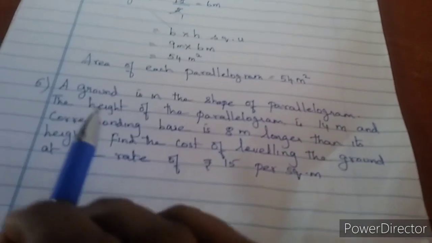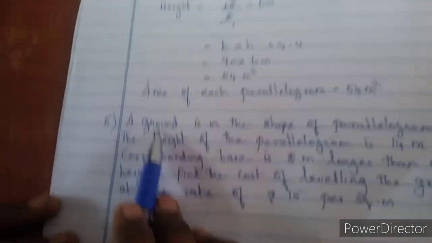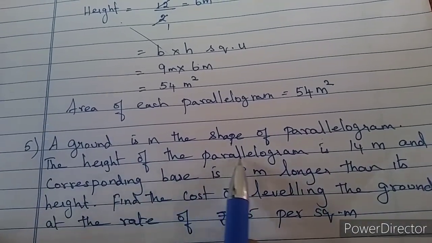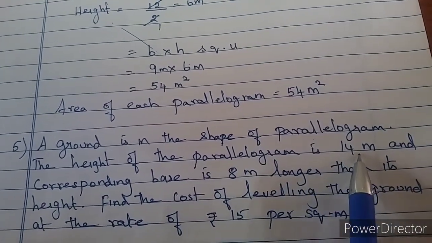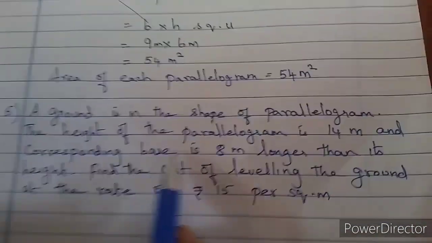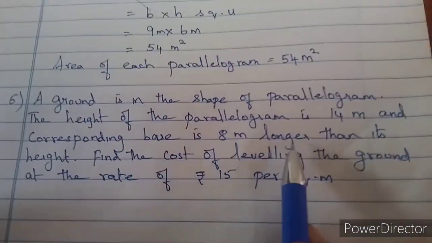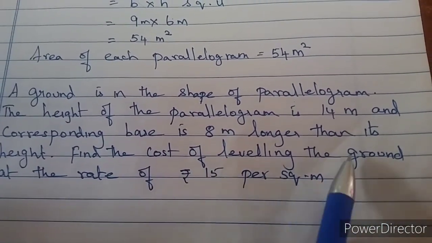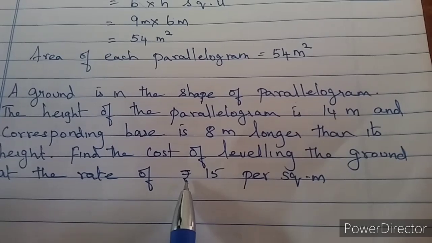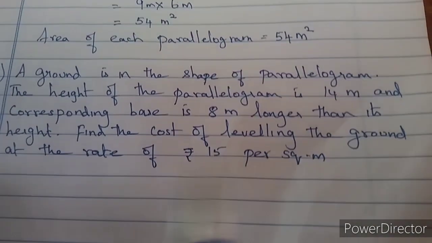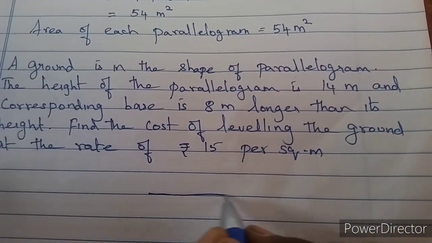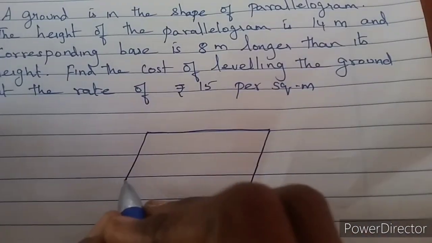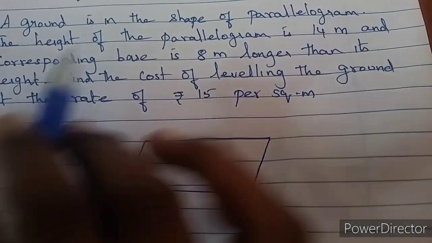Question number 5. A ground is in the shape of parallelogram. The height of parallelogram is 14 meter and the corresponding base is 8 meter longer than its height. Find the cost of leveling the ground at the rate of rupees 15 per square meter. So what is the shape of the given ground? It is in the shape of parallelogram.